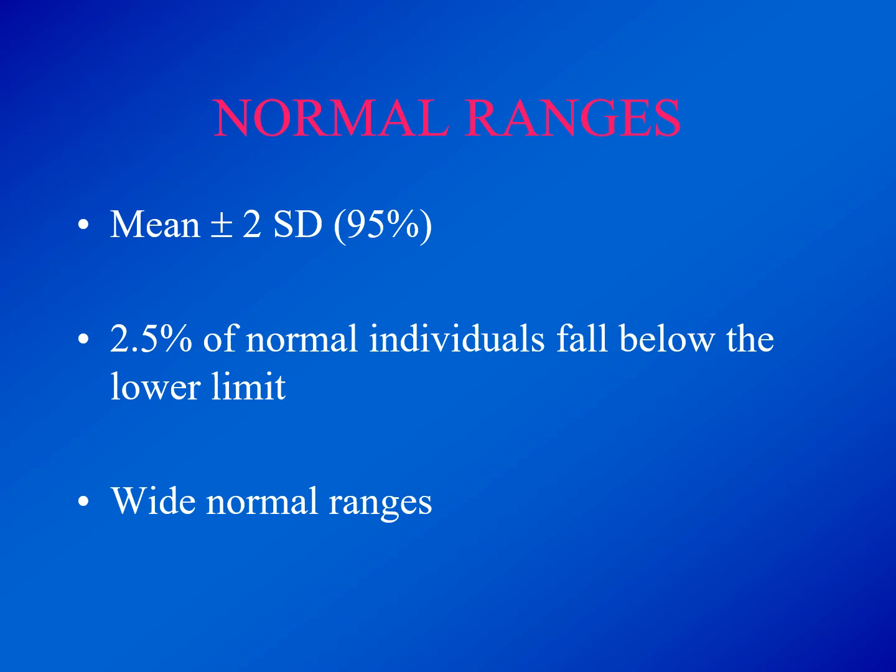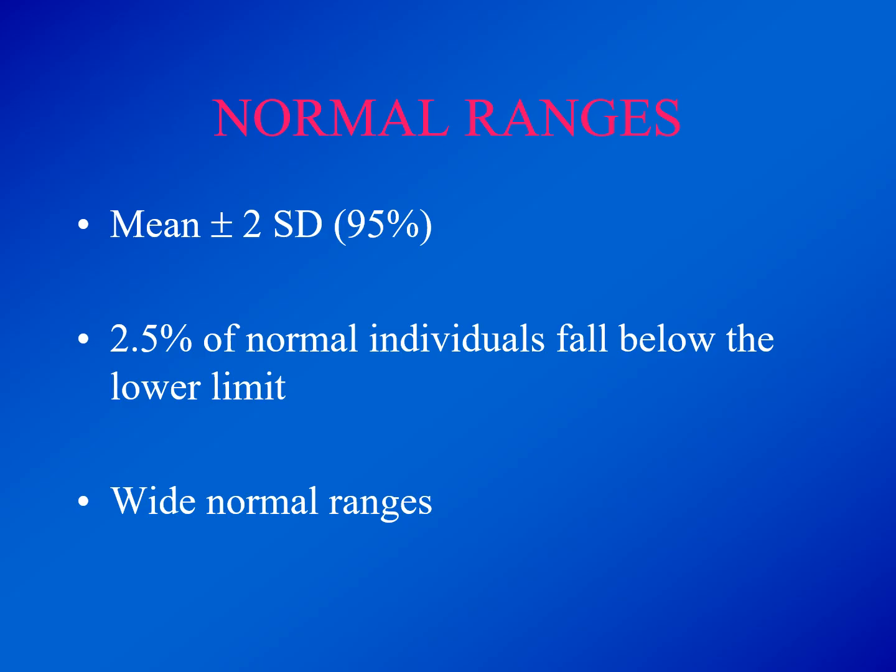You have always to realize that normal range will also exclude patients that are normal, because the normal range is the mean plus or minus 2 standard deviation, which will include 95% of the normal individuals.